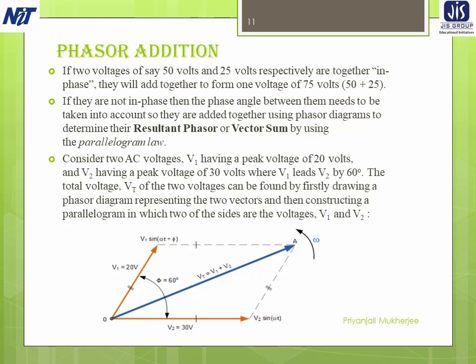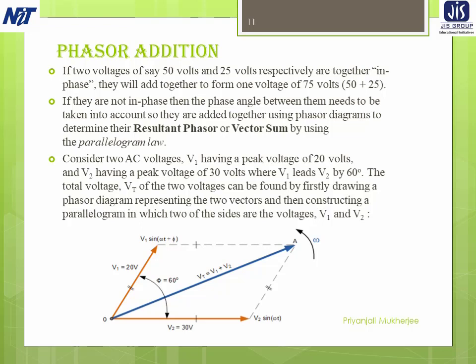parallelogram law. So here we can consider V1 having a peak voltage of 20 volts and V2 having a peak voltage equal to 30 volts, and V1 leads V2 by 60 degrees.